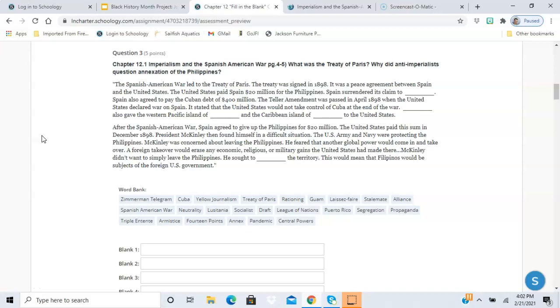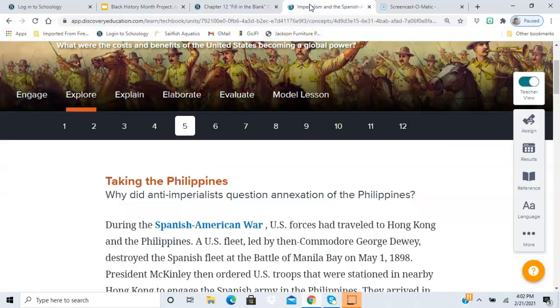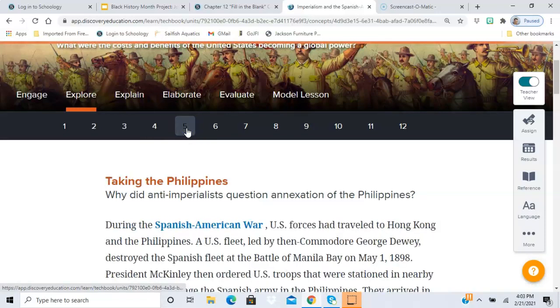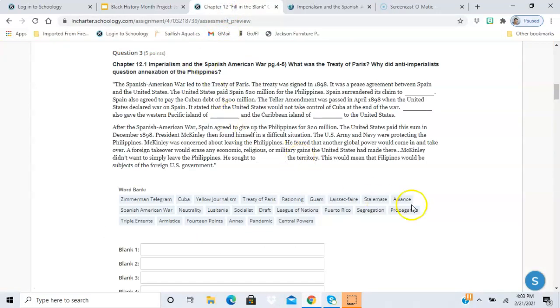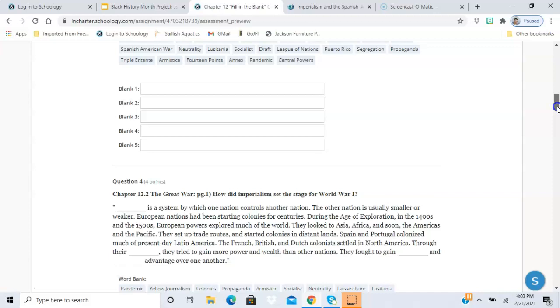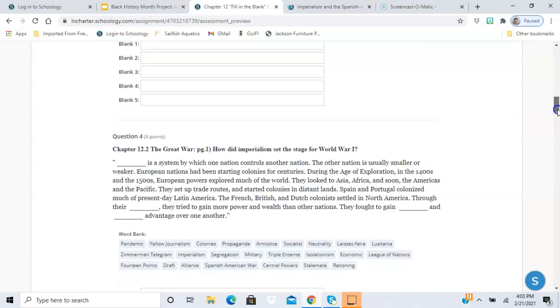All right, so you have to go back to the textbook, obviously, looking on pages 4 and 5 for answers that would fill in those blanks correctly. Remember, on all of these, you get a word bank, so that should be pretty helpful. So you will continue doing that for all 15 questions.